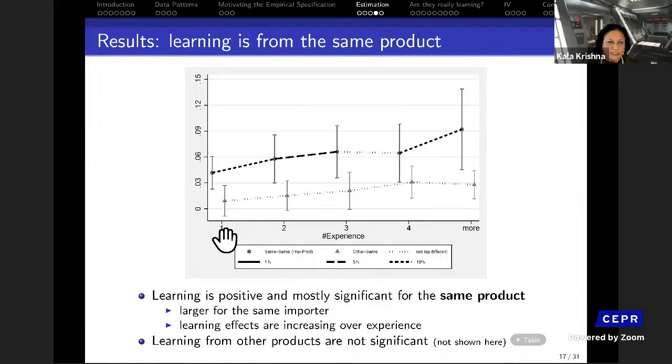This is saying with experience 1, the same importer, same product, the coefficient is about 0.04 right here. Similarly, with experience rising, it's rising to about 0.06 here, then 0.07 here, and then up here to 0.09 once you have 5 or more experience. The triangles here are other importer, same product.